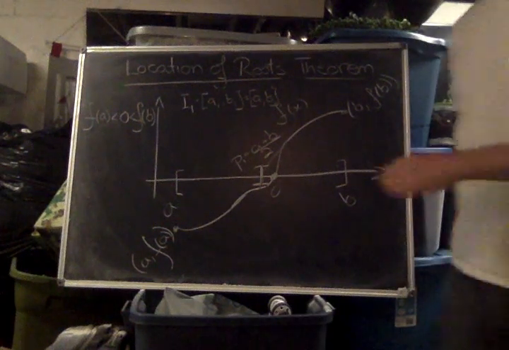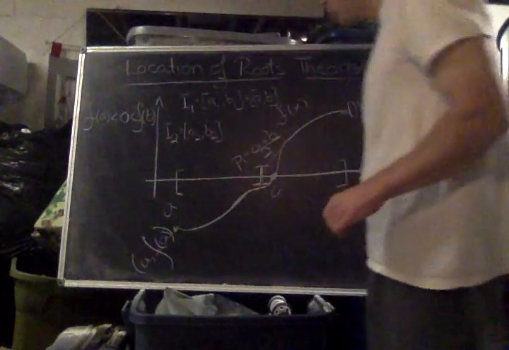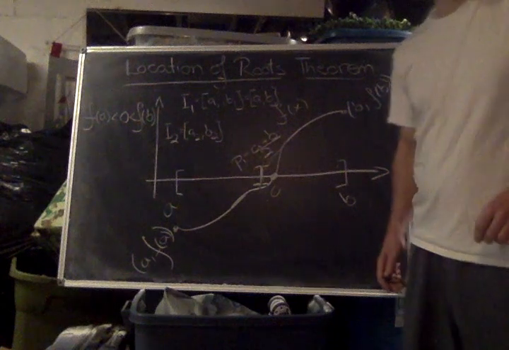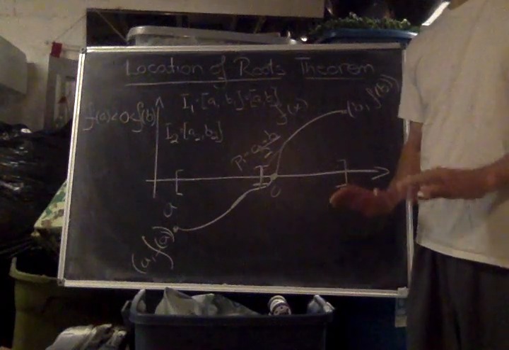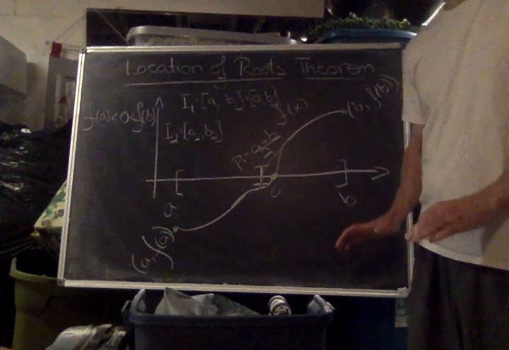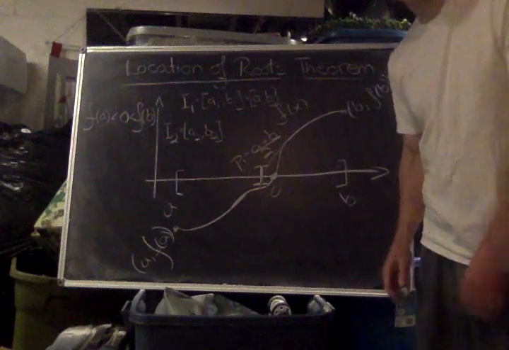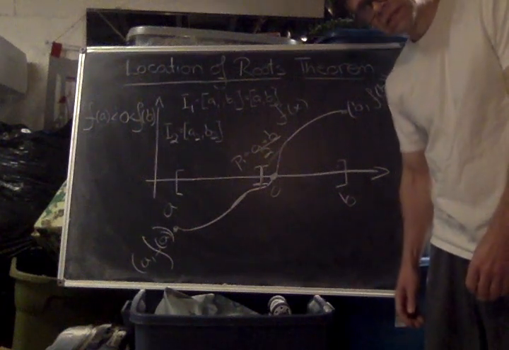Okay? And then I'm going to want interval number 2 to be one half or the other here, so I'll call the endpoints A2 and B2. And so which half do I want? Well, I'm going to want to pick the half where the function still crosses the x-axis, okay?